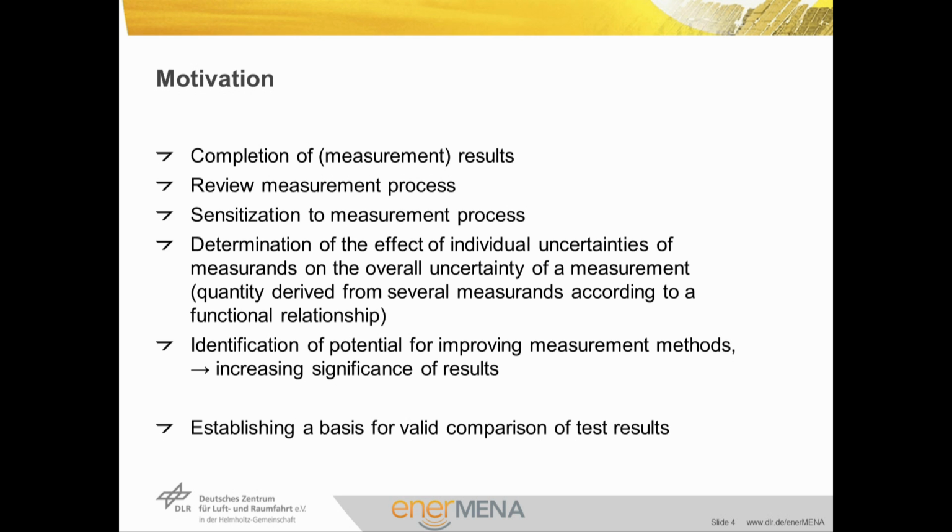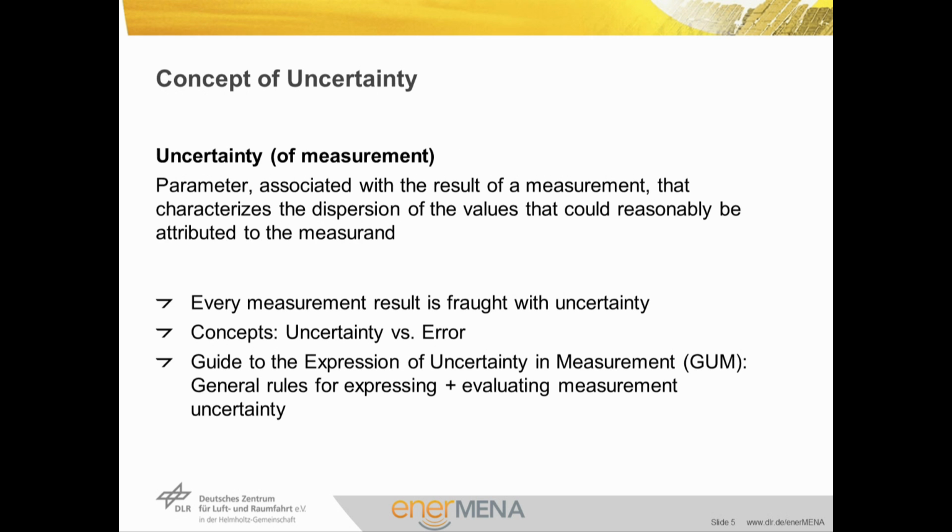This way, the most relevant influences are identified. With the help of such sensitivity data, the overall uncertainty can be reduced most effectively. Altogether, we have seen that analyzing a measurement's uncertainty is essential for establishing a basis for valid comparison of test results. Let's have a closer look at the concept of uncertainty.